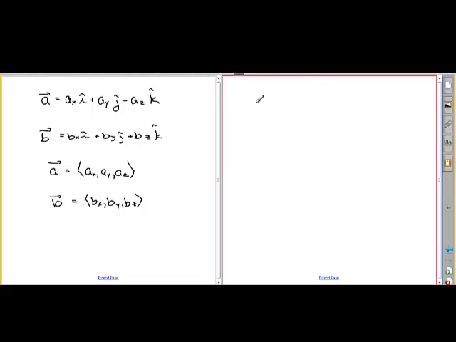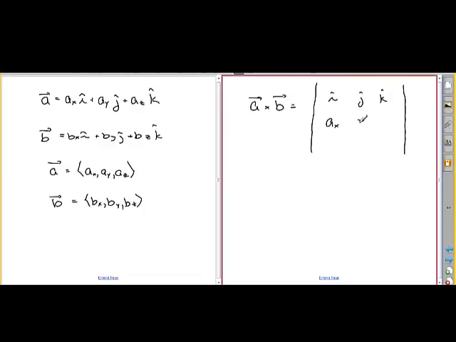And so to find, let's say, A cross B, and it's important which is first, you make up a determinant. The determinant consists of the unit vectors in the three directions, the x, y, and z direction.